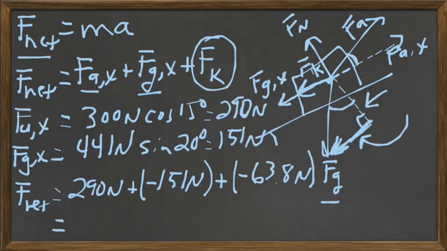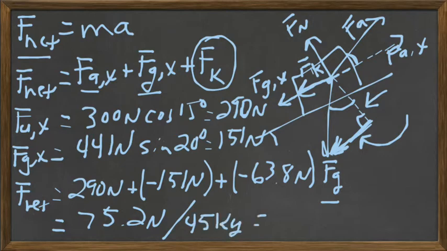My net force winds up being 75.2 newtons. Since that is equal to mass times acceleration, if I divide that value by the mass of 45 kilograms, I get an acceleration of 1.67 or 1.7 meters per second squared, positive, up the incline.